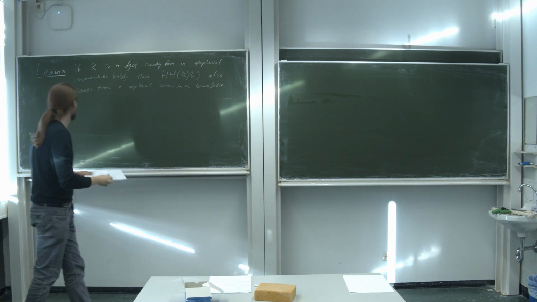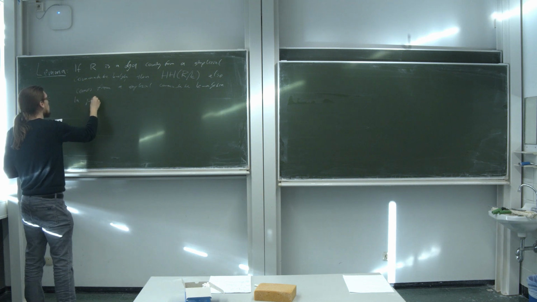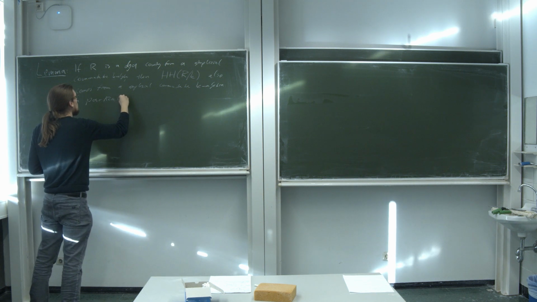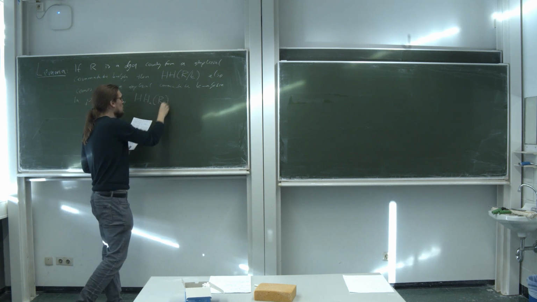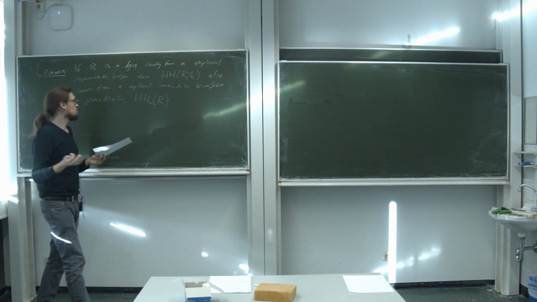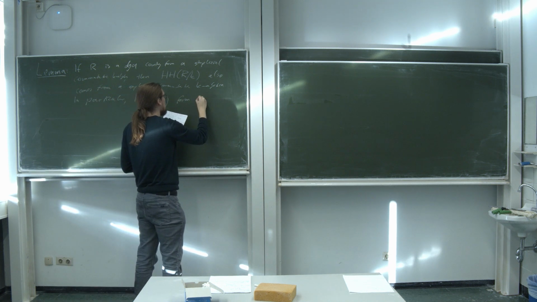In particular, under these assumptions, we have that the Hochschild homology groups form a strictly graded commutative ring.